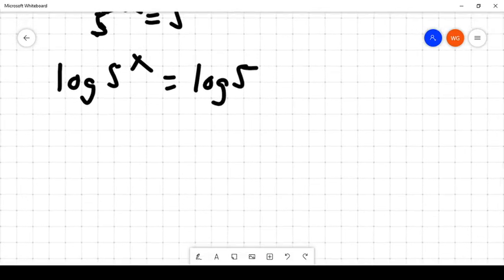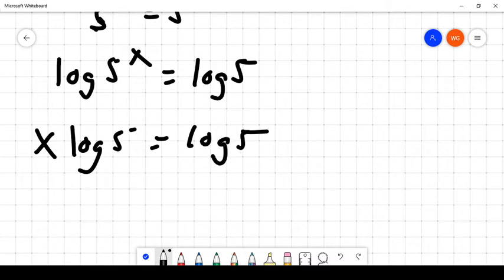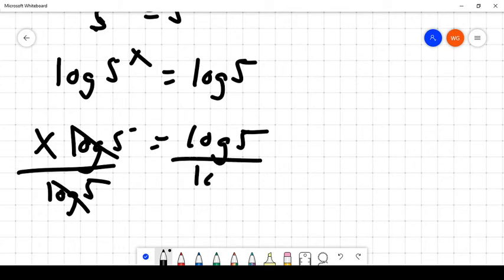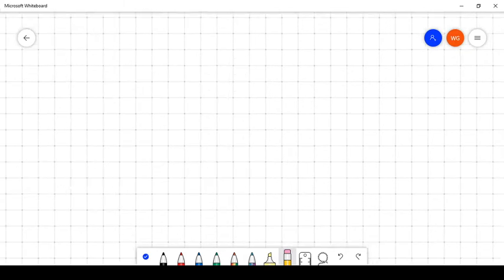And then I will bring the x in front, because we've at least discussed the power rule of logarithms, which we will continue to discuss in a future video. And then I could divide by log 5, and I have x equals 1. Okay, so that's another way that you could potentially tackle that problem. There's lots of ways.